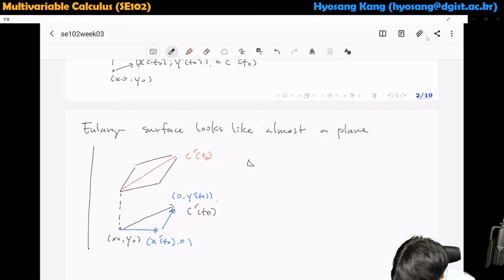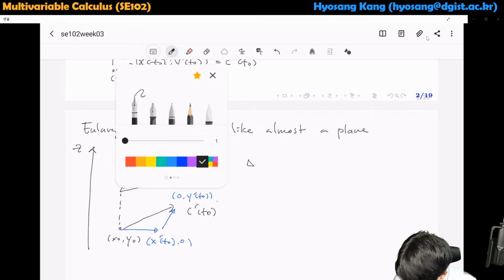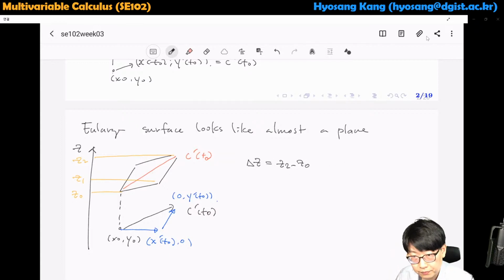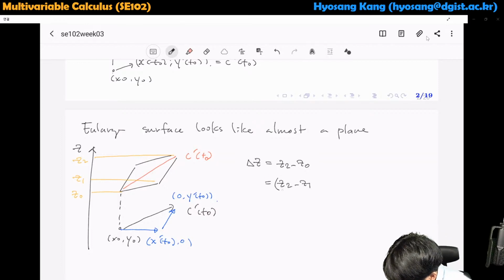So that if I have z-axis, there should be starting initial z0, and here we have z1, and finally we have z2. So difference of z is approximately z2 minus z0. Okay, and you can decompose into z2 minus z1 plus z1 minus z0.